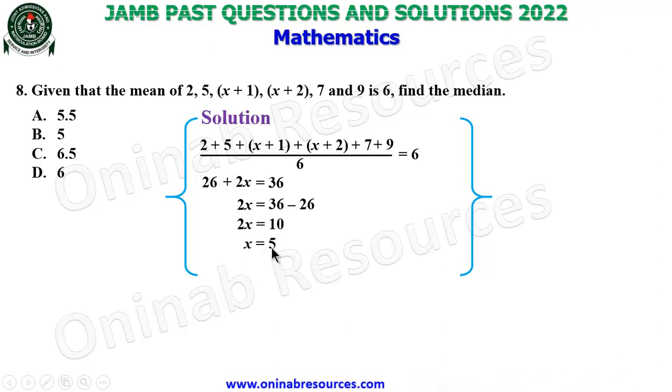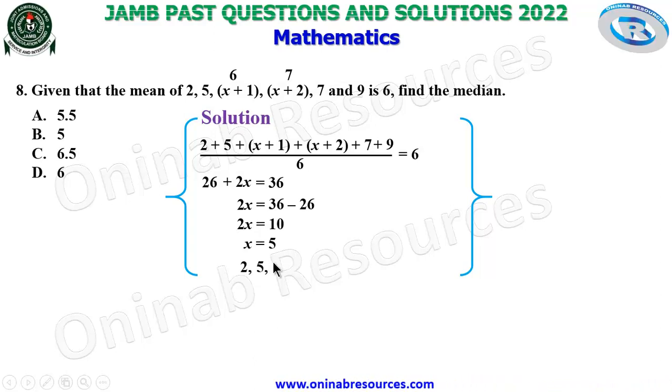So since x is equal to 5, which means the number we have here is going to be 6. This one will be 7, and 7, and 9. So this is not part because that's the mean. If you look at it, the numbers have been arranged in ascending order. So we have 2, 5, 6, 7, 7, and 9.